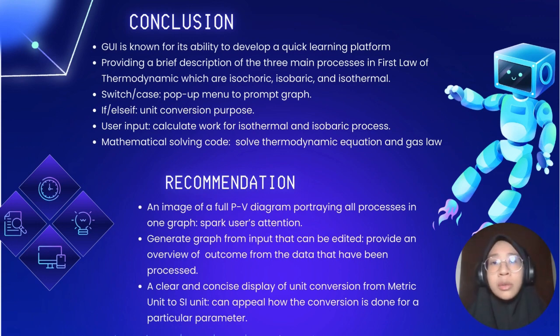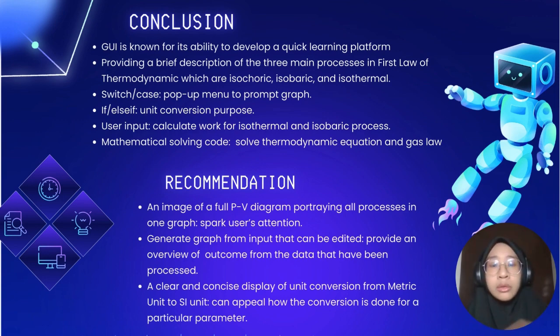Several recommendations that we can add to further improve our GUI: first, an image of a full PV diagram portraying all three processes in one graph could help users gain their attention by viewing it at first glance. Second, if there were a function that could let the user generate a graph by inputting the data they have, it would be a very good overview for the user to be exposed to a particular process.